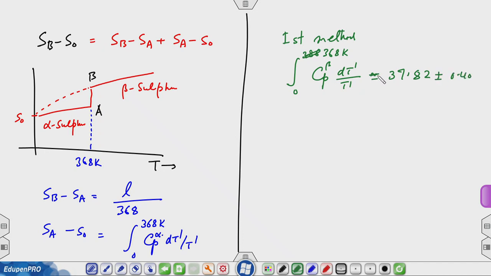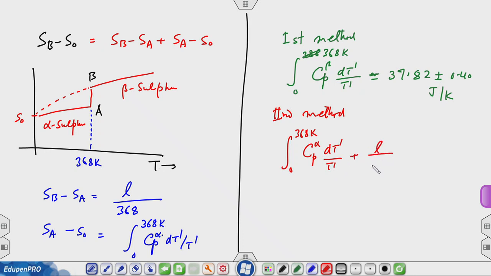This is in joules per Kelvin, not close to, just the number measured experimentally. And the second method gives the integral from 0 to 368 K of Cp alpha dT prime over T prime plus L over 368. This gives 37.95 plus or minus 0.20 joules per Kelvin.